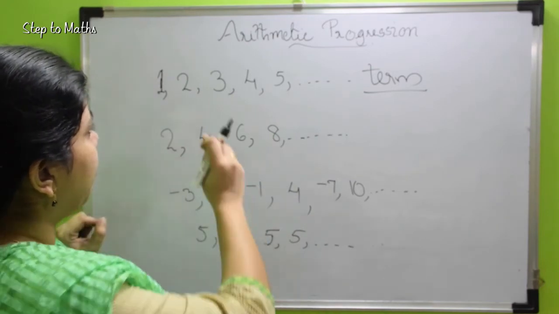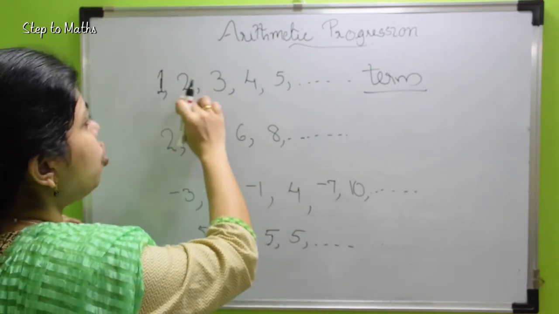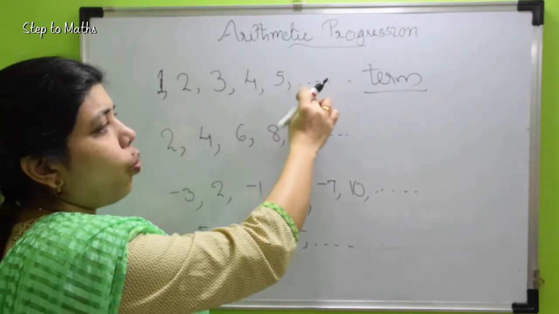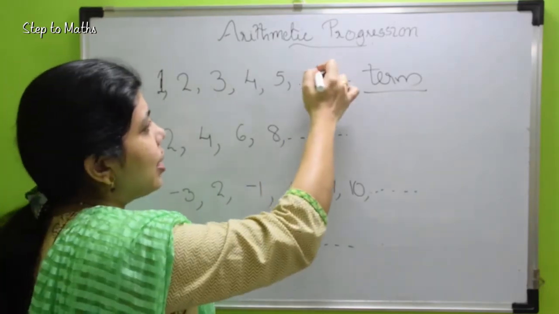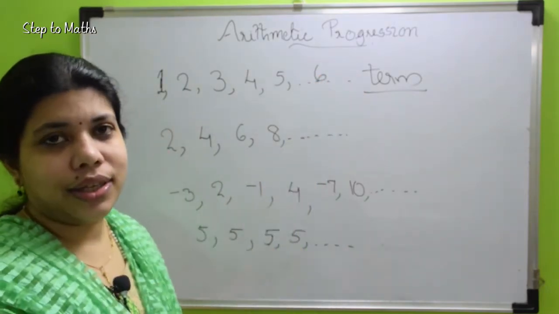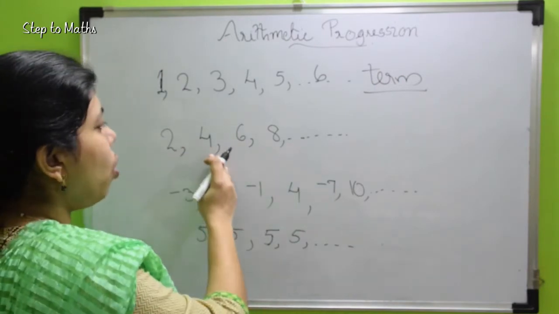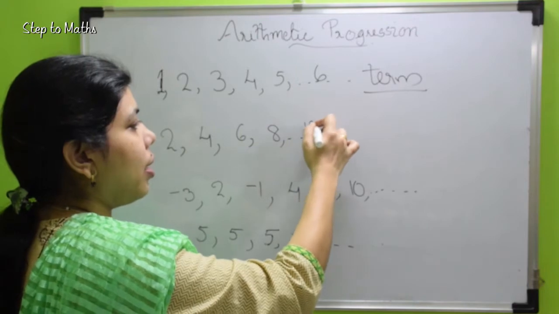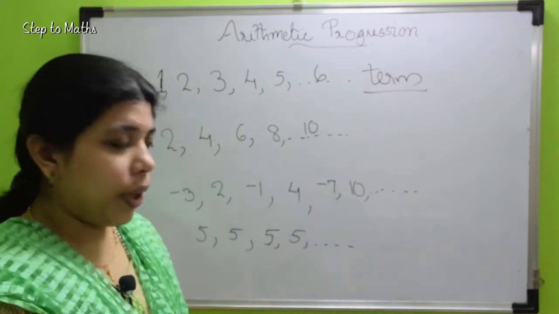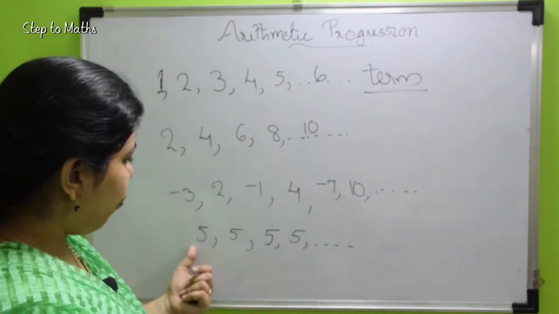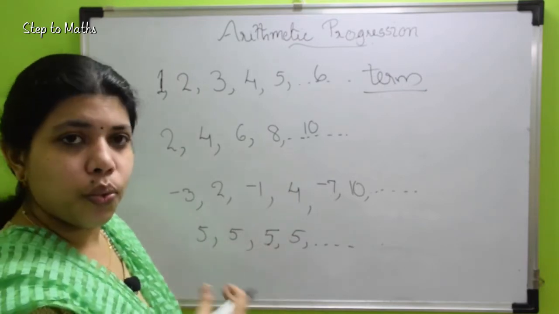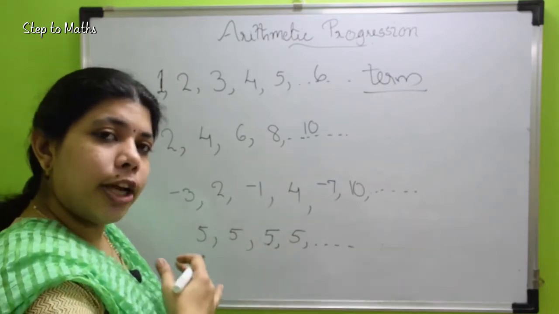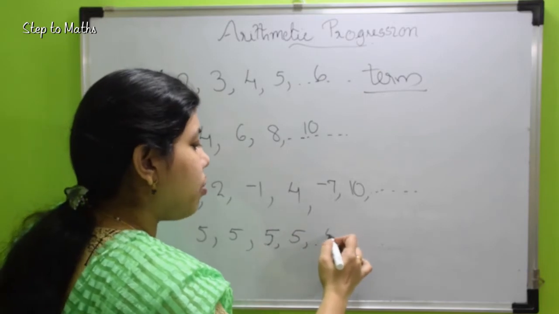Here, 1, 2, 3, 4, 5. What is the next term? 6. 2, 4, 6, 8. What will be the next term? 10. Sequence of even numbers. 5, 5, 5, 5, the sequence of number 5, so the next term is also 5.